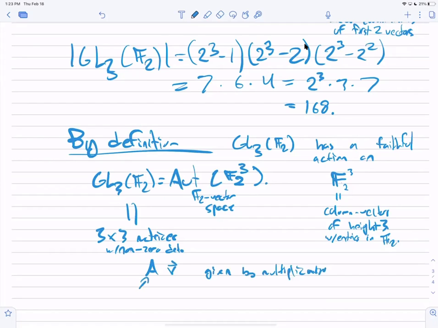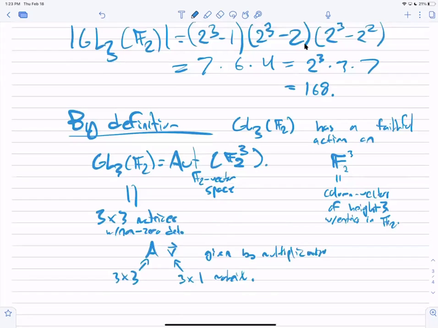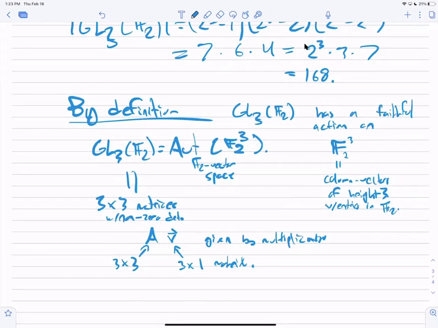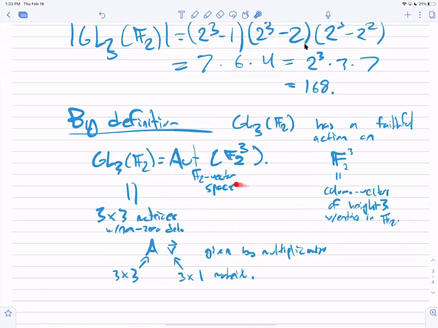So A is a 3 by 3 matrix, v is a 3 by 1 matrix, so A times v is another 3 by 1 matrix. It depends on how you want to encode these things, but this is one way to encode this. And by definition, this is faithful.